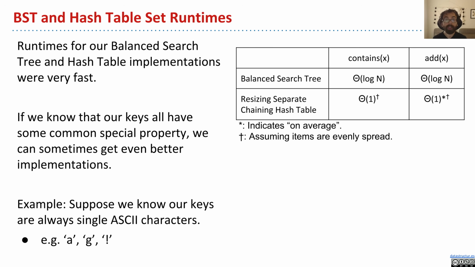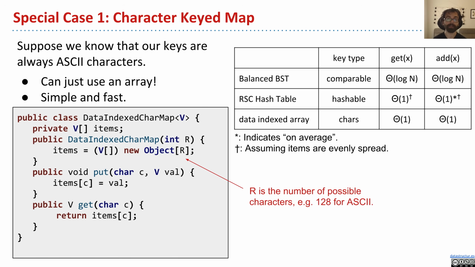But I do want to note that if we know something in advance about our keys, something special, sometimes we can do better. So just to give you a tiny example, imagine that we know that our keys for our sets or our map are always just a single ASCII character. So for example, I want to map the exclamation point character to 306 or whatever. Well, we can write an implementation very similar to the data index set from before that would look something like this.